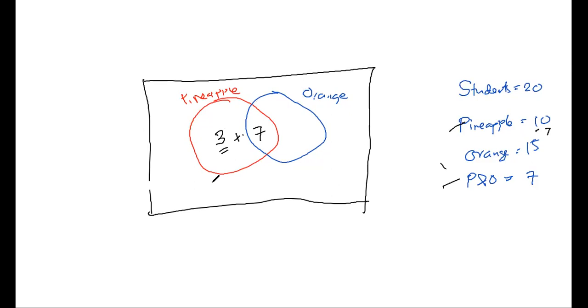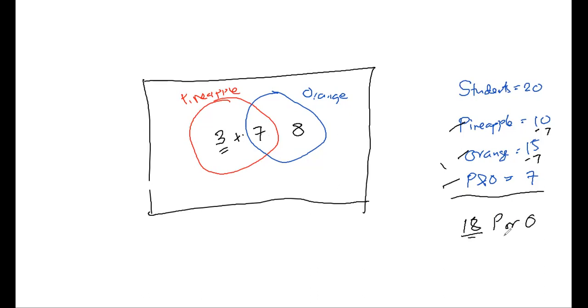How many like orange juice? We have 15. But since there's already 7 in the circle for orange juice, we subtract 15 minus 7. That gives us 8. So if we add, there are 3, 7, that's 10, plus 8, there are 18 students who like pineapple or orange.